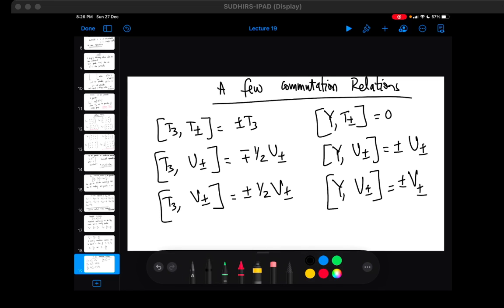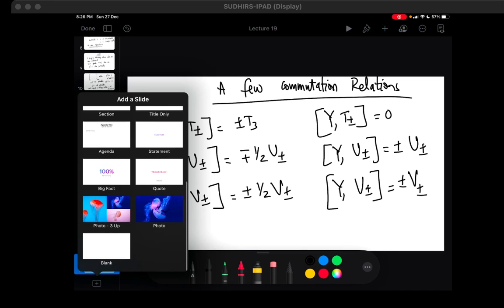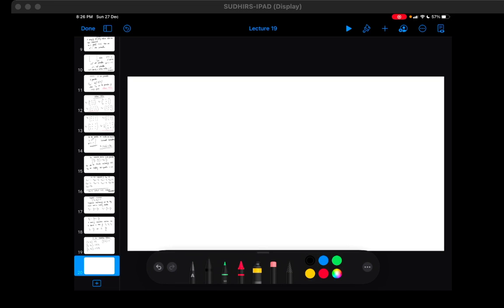This will become clear why this happens, because if you look at T plus T minus, it is actually 2T3. But if you look at U plus U minus, the commutator acts on both Y as well as T3.